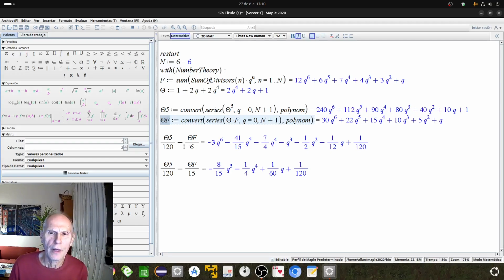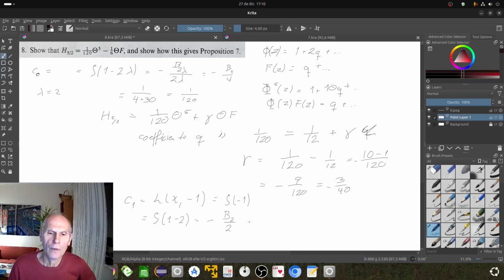Next, I compute the one in the book, and we get 1/120th as C0, and minus 1/12th. Oh yeah, B1 is a half, B2 is 1/6, so it becomes minus 1/12th. There we are.